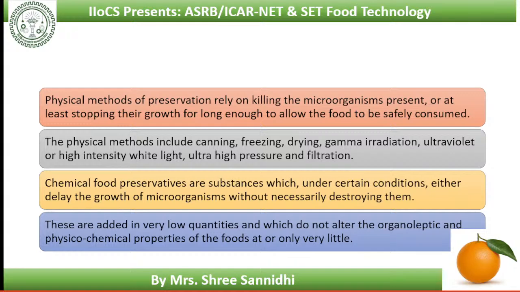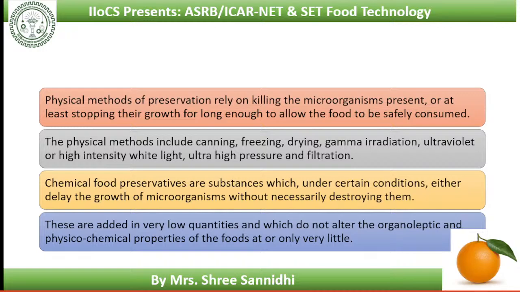Then comes the chemical food preservatives. These are the substances which under certain conditions either delay the growth of microorganisms without necessarily destroying them, or they kill them. These are added in very low quantities and do not alter the organoleptic and physiochemical properties of the food, or only very little.